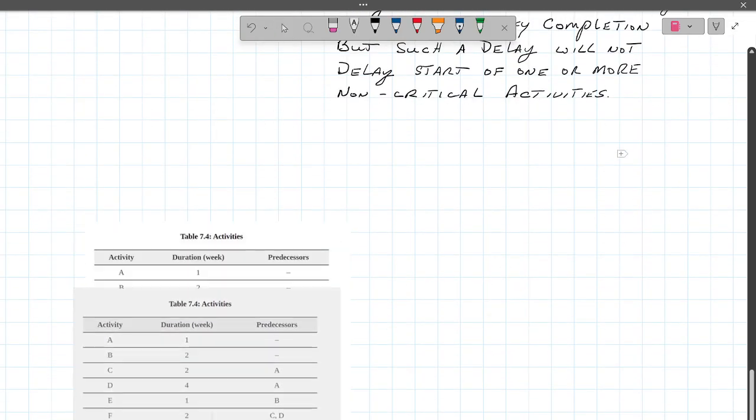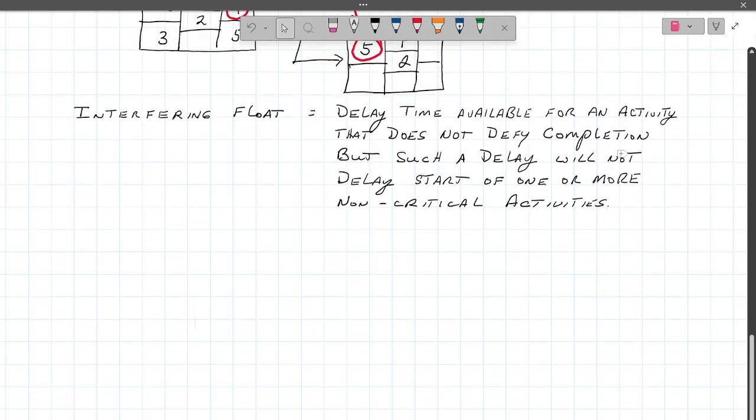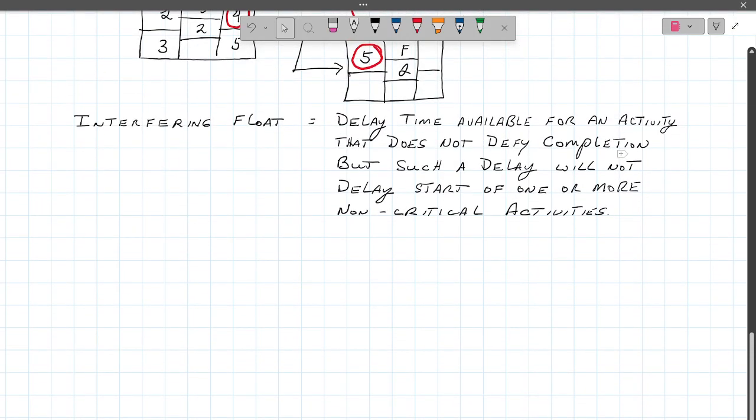I'll be back down in a minute there. Let me get this thing out of the way. Okay. All right. This one will not delay start of one or more non-critical activities. This word right here is a not.